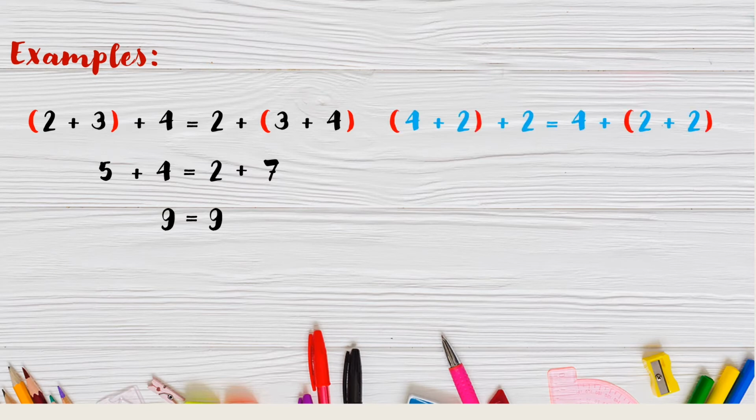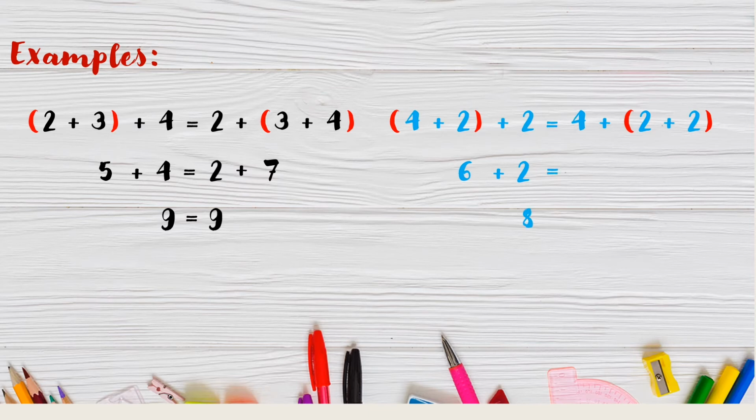Another example, quantity 4 plus 2 plus 2 is equal to 4 plus quantity 2 plus 2. So again, if we have operations inside parentheses, you have to do this first. So 4 plus 2 is inside the parentheses. That is 6 plus 2. And 6 plus 2 is equal to 8.